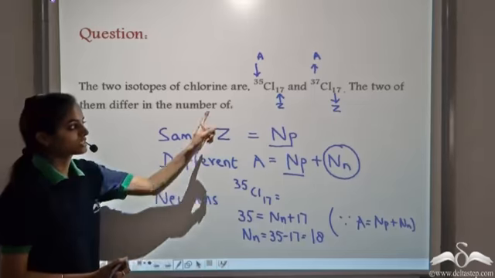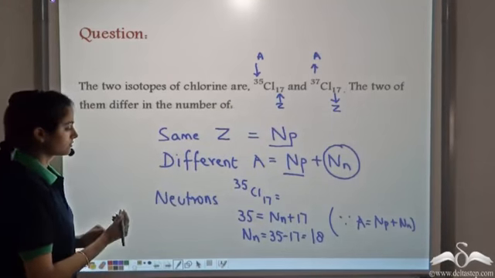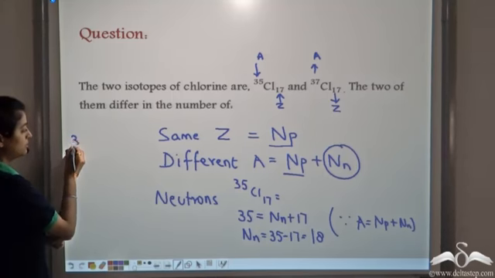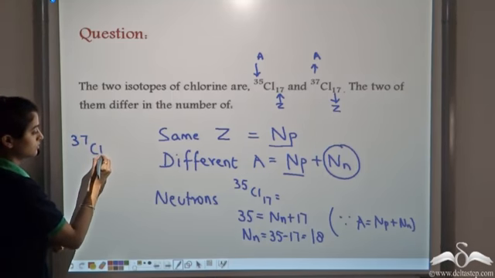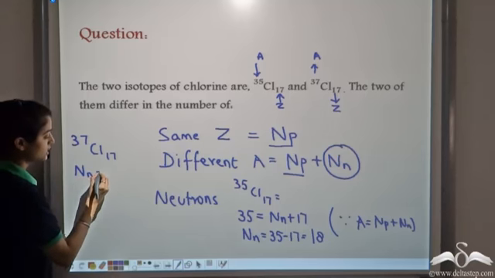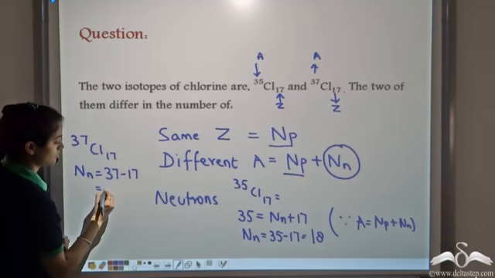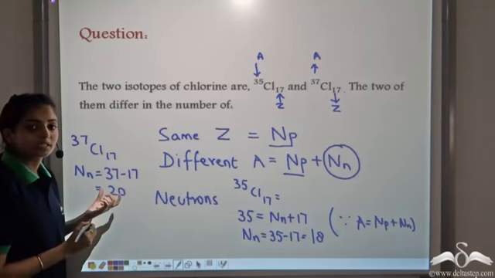Let's do this for the second isotope, that is 37Cl17. Repeating the same process, we get 20 neutrons.